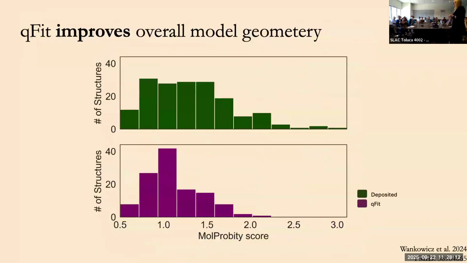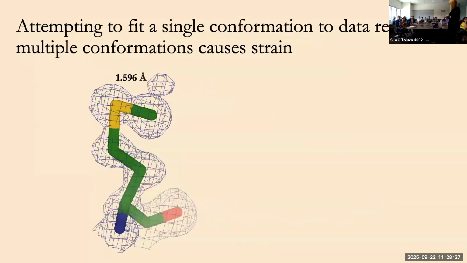We can also see that we improve model geometry. So looking at MolProbity, we can see this left shift of QFit models indicating that we fit better. And if we think about this in terms of fitting a single conformation of a side chain into data that requires multiple conformations, it's like squeezing a round peg into a square hole, you're going to strain the information.